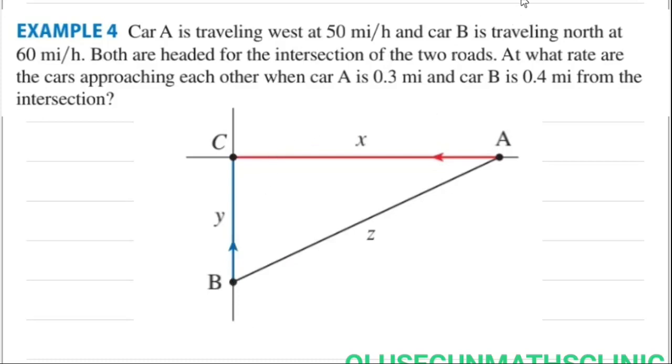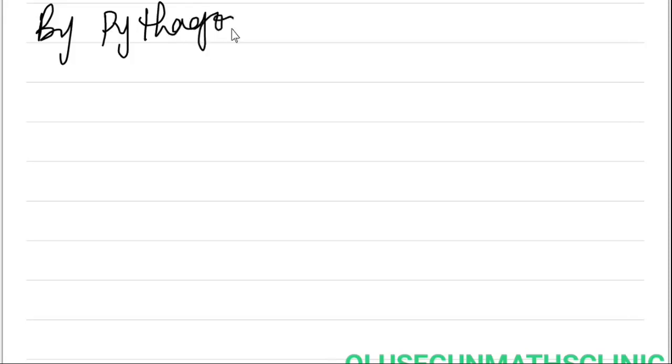So the first thing we have to consider is the Pythagorean theorem.